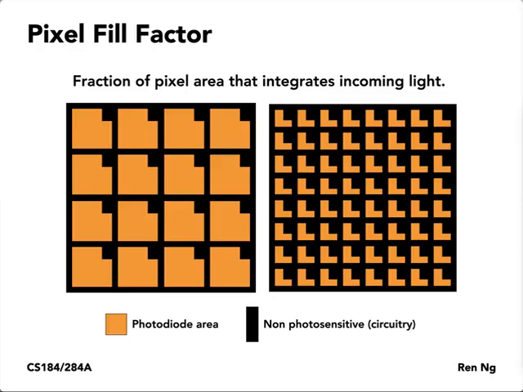Before I talk about the micro lenses on the next slide, the comment I want to make is about pixel fill factor. There's a fraction of each pixel that integrates the incoming light. In the previous example, the photodiode was a 50% fill factor. That meant that the photosensitive part was 50% of the total area of the chip.